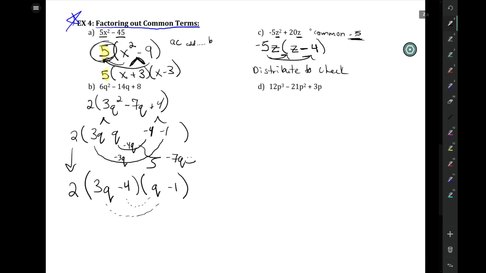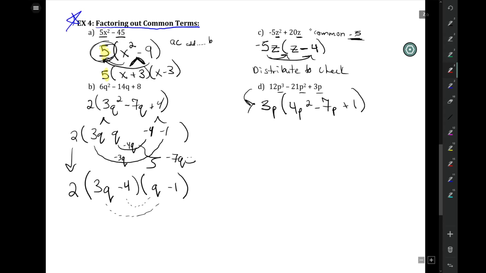Lastly here, D, you're going to factor out the common factor. They all show 3 and a p. And from there, you're left with 4p squared minus 7p plus 1. And little side note, you can certainly try and factor all this.